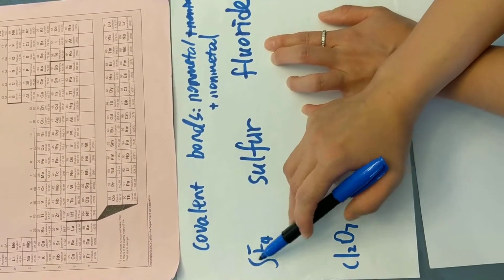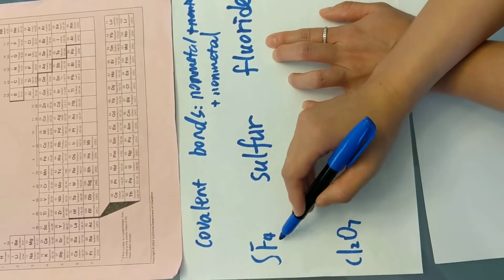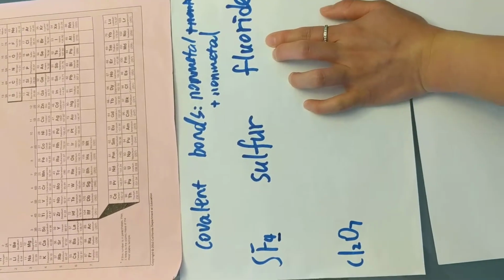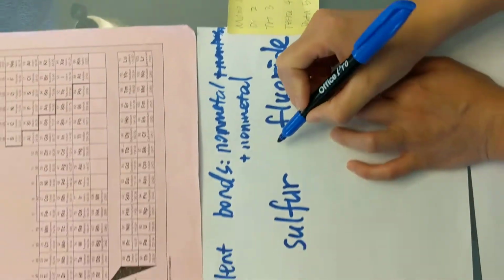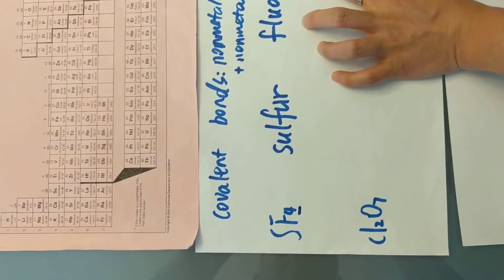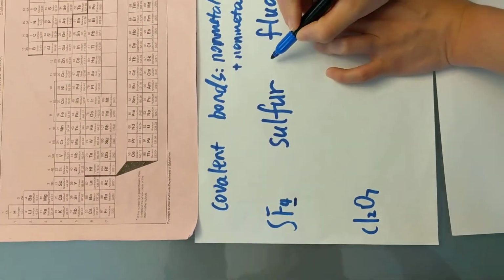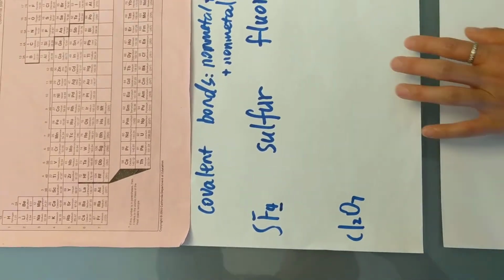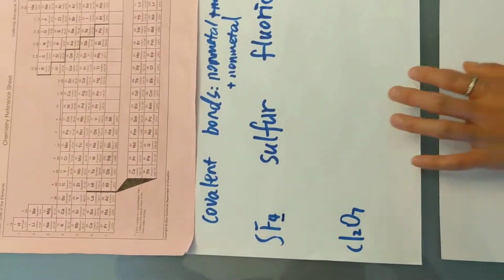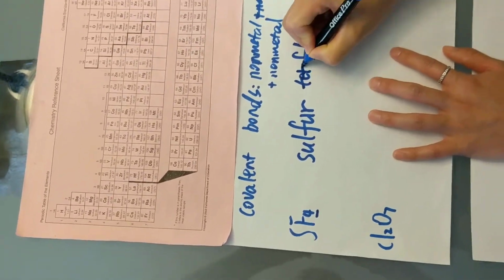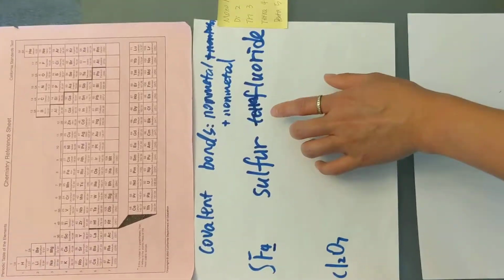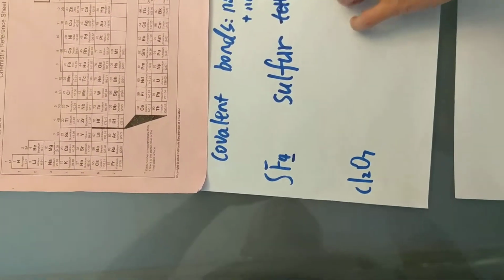Fluoride, how many fluorine here? 4 fluorine here. So 4, that is tetra. So put the tetra in front of the fluoride. So that is sulfur tetrafluoride.